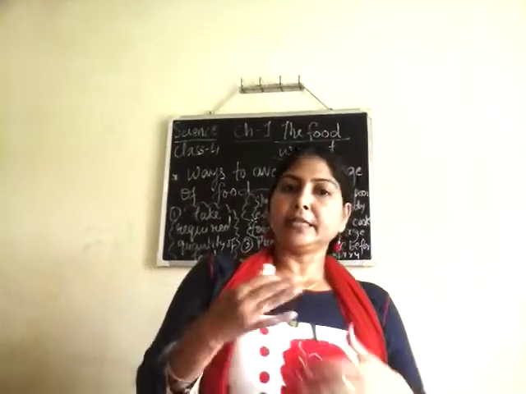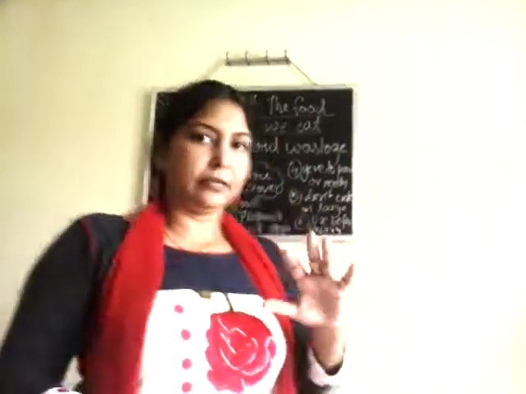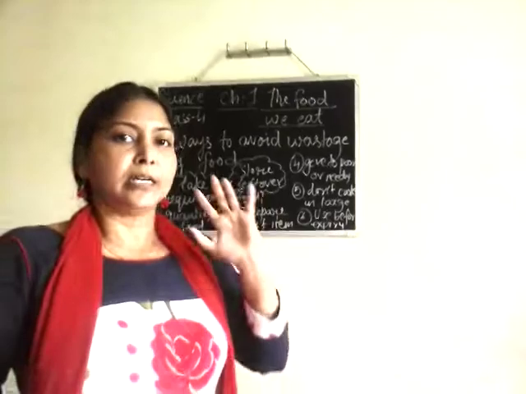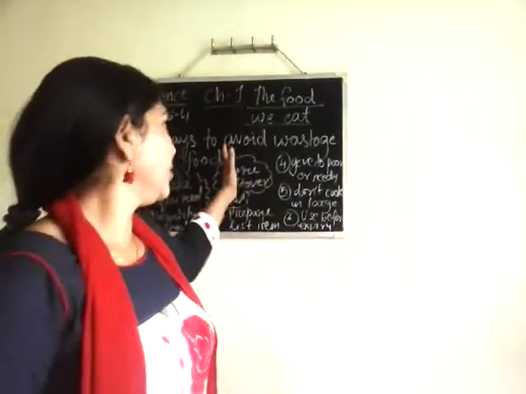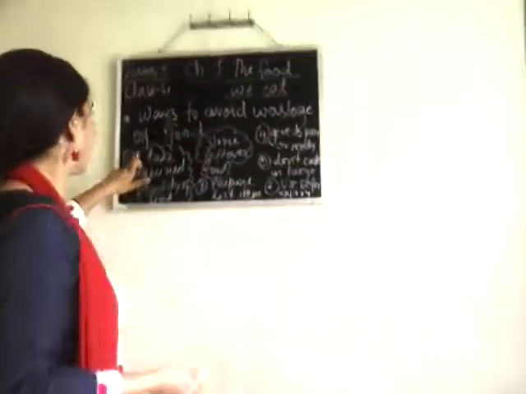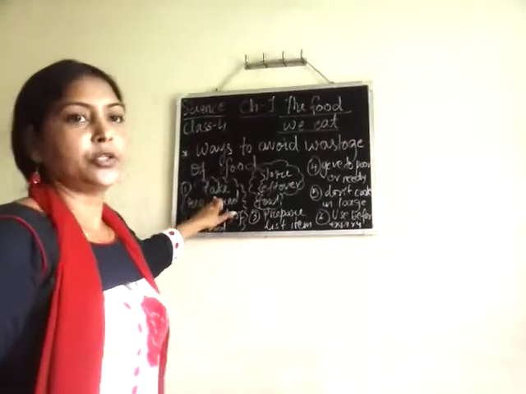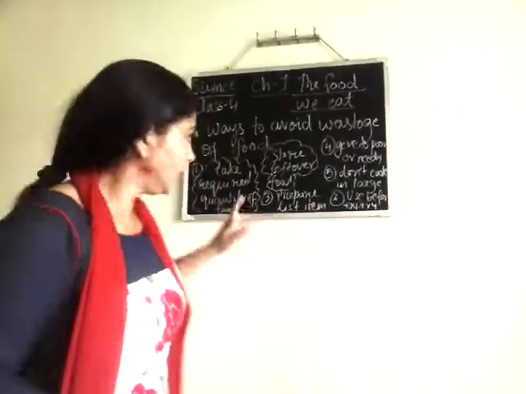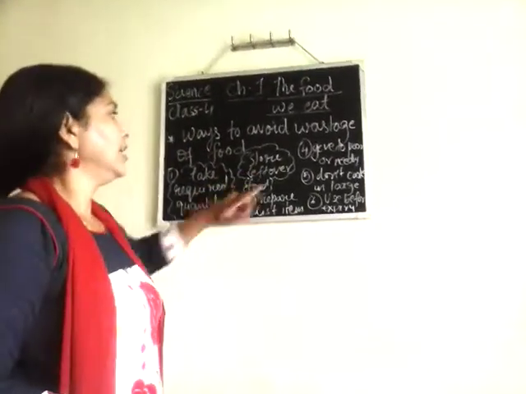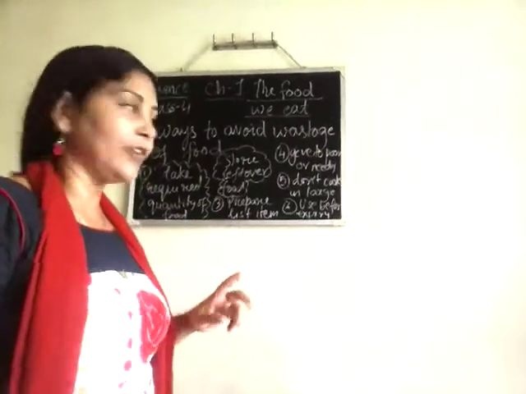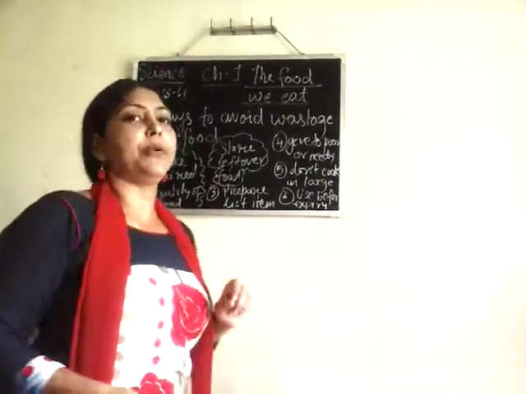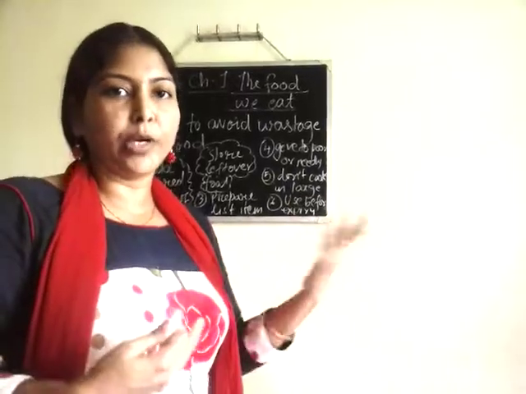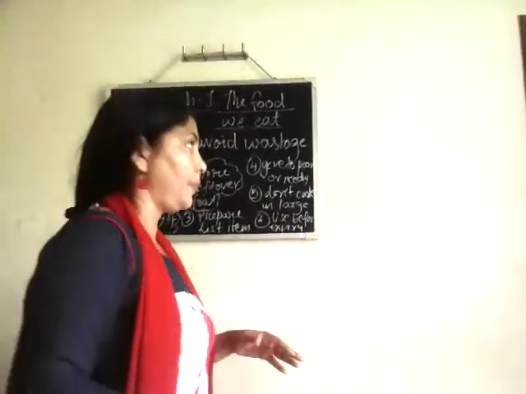Alright, so let us take a recap of the different ways of avoiding wastage of food. First, take the required amount of food when you are eating. Second, always store the leftover food. Third, prepare a list whenever you are going to the market for shopping.